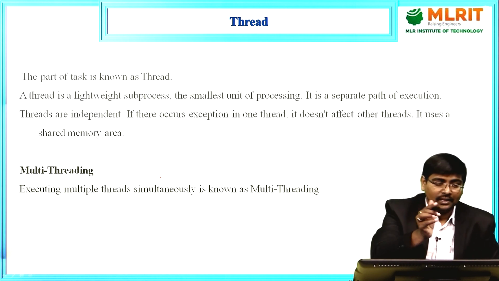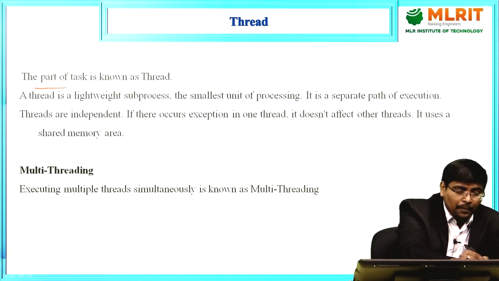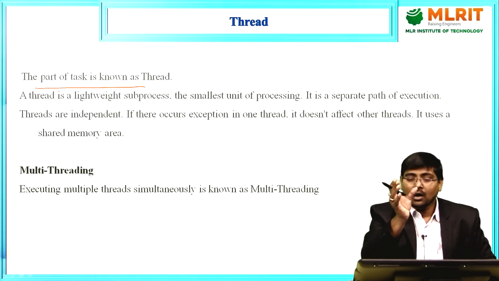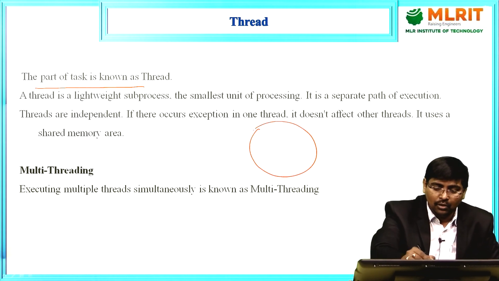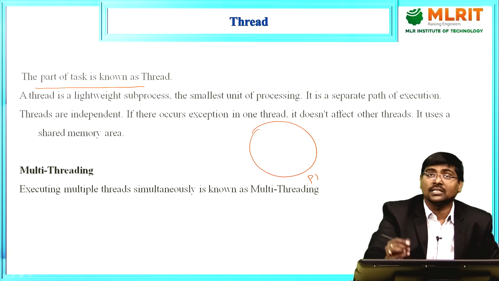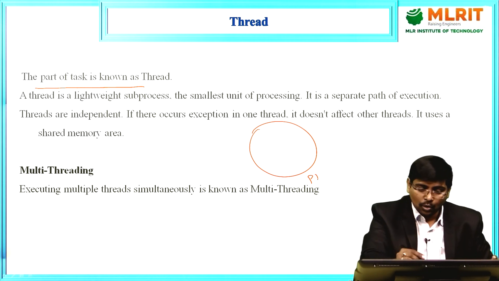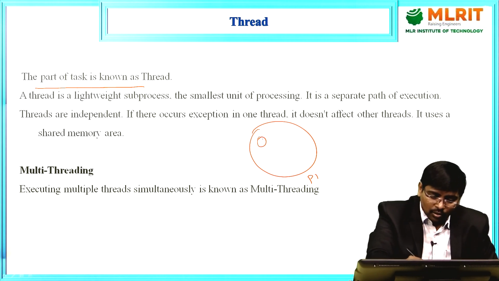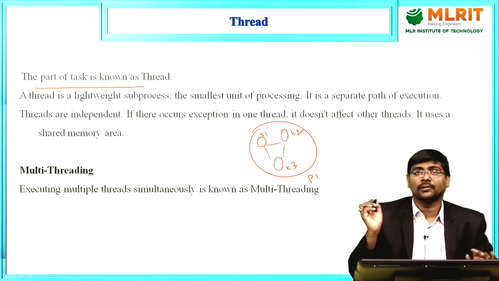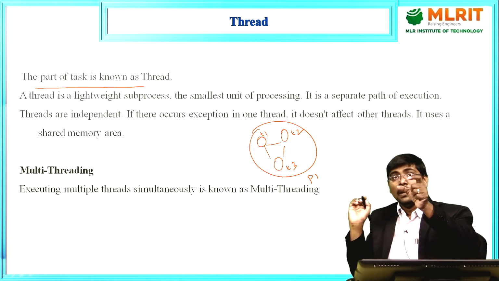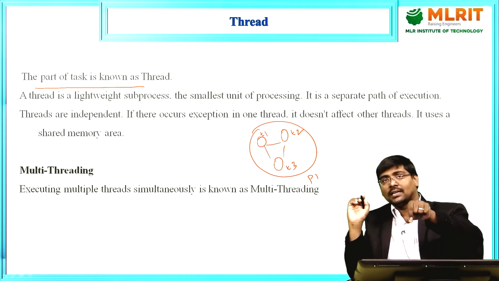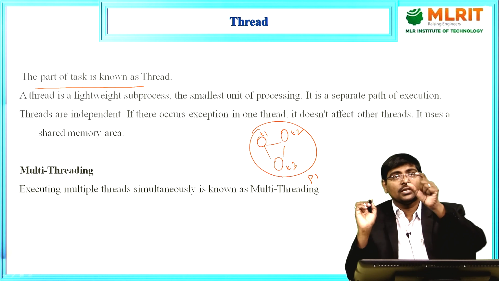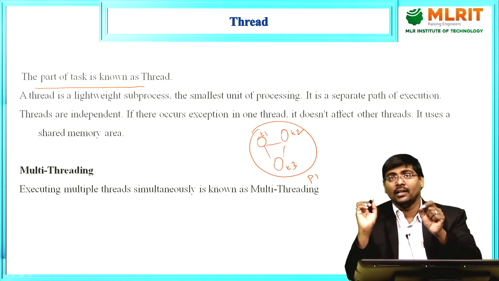A thread is simply a part of a task. For example, this is one process. Again, this process is divided into thread 1, thread 2, thread 3, like this. Some part of the task or some part of the process is called a thread.